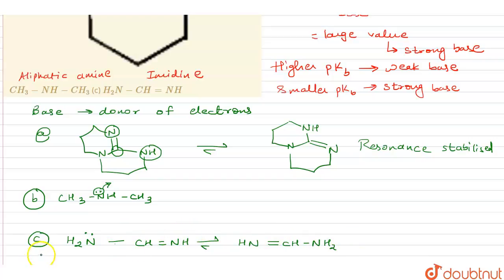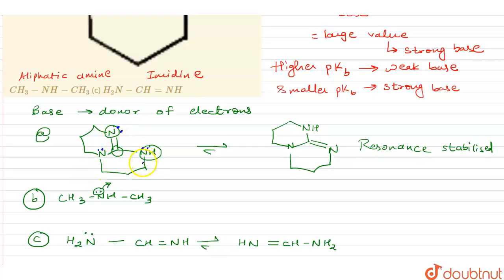Let us arrange them in their pKb value order. Now when we discuss their pKb values or their basicity, as you had observed, guanidine is having 3 nitrogen atoms out there. And in that case their lone pairs are very much available for donation.